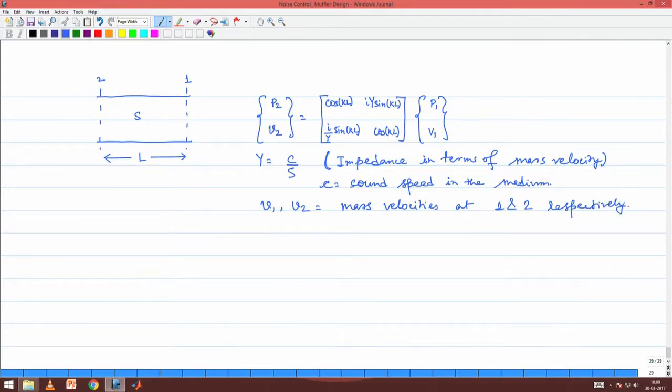They are not the particle velocity. We had changed over from particle velocity to mass velocity in dealing with duct problems.